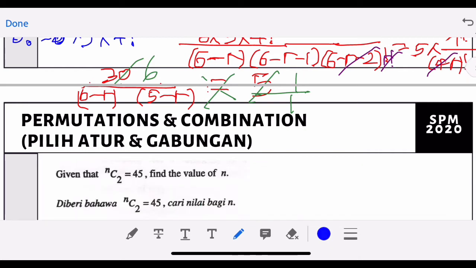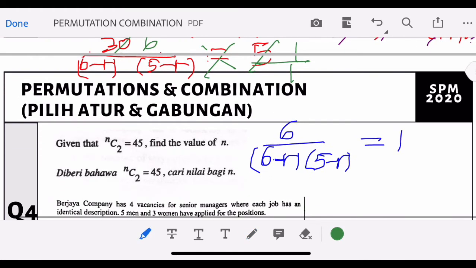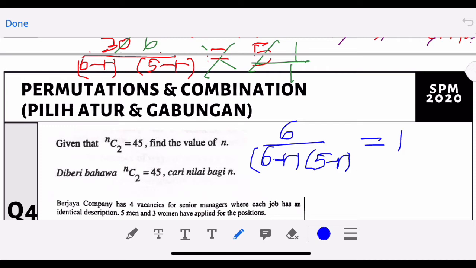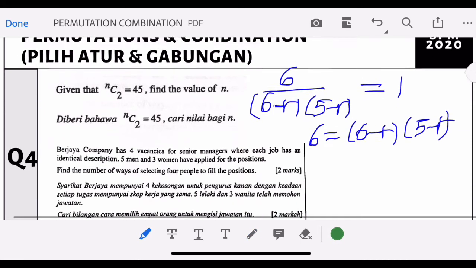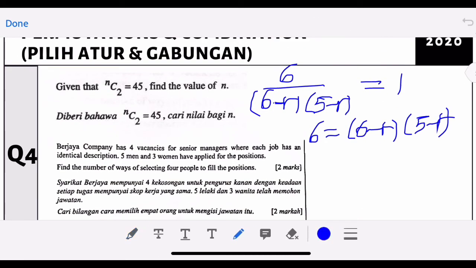So let's do it together. 6 minus r, I'm going to cross multiply. 6 over 1, so it's 6 times 1 equal to 6 minus r, and then 5 minus r, right? Okay, so now I'm going to expand.